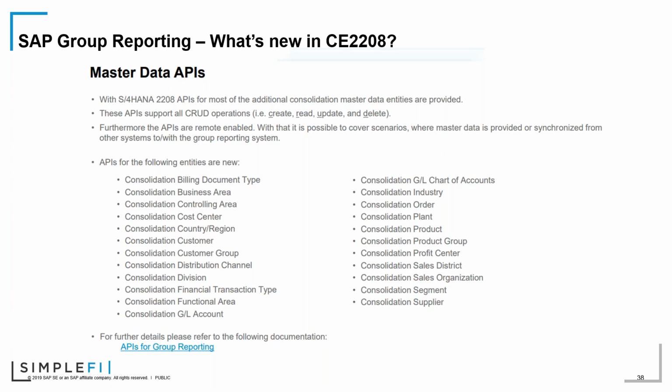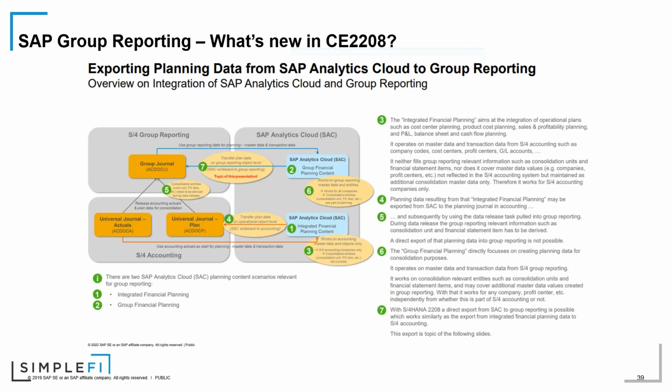Now we have the ability to look at GL accounts, cost centers, and profit centers. So it's nice, we don't have to go back to the underlying S/4HANA system. It really just limits the number of connections, and we'll get into what those connections look like pretty shortly.